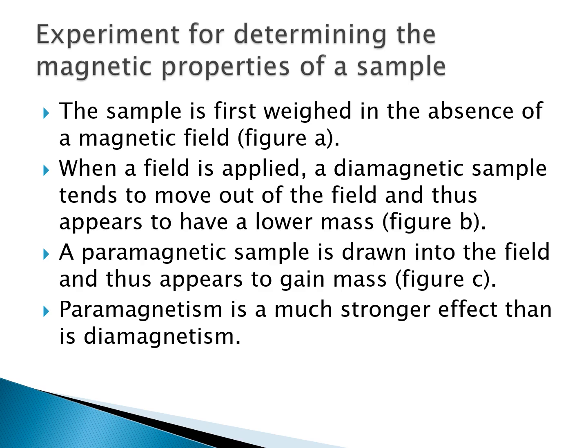When we apply the magnetic field, diamagnetic substances will have lower mass than in the absence of a magnetic field, but paramagnetic substances have greater mass in the presence of a magnetic field as compared to in its absence.